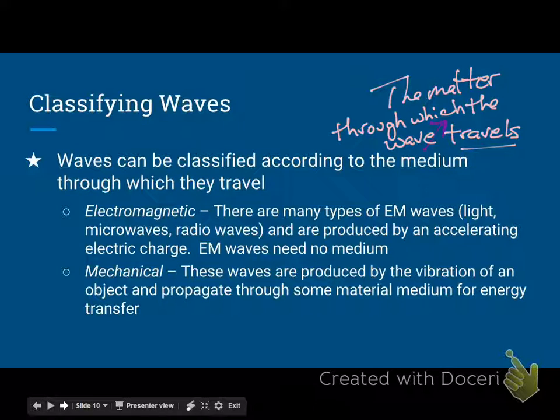And it could be air, the spring, it could be a wall, whatever it happens to be. So those types of waves, the waves that have to have some matter to travel through, those are what we call mechanical waves. Sound waves, water waves, seismic waves, the waves that are a result from earthquakes. Those are all mechanical waves.